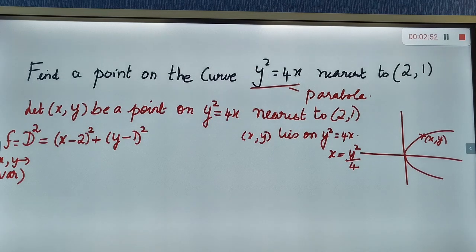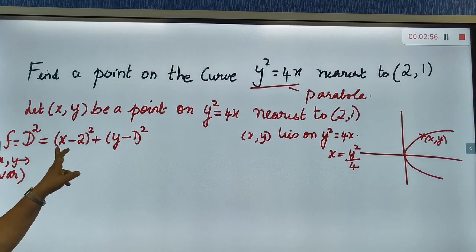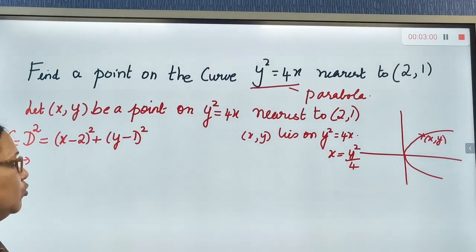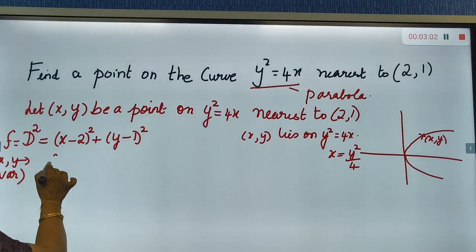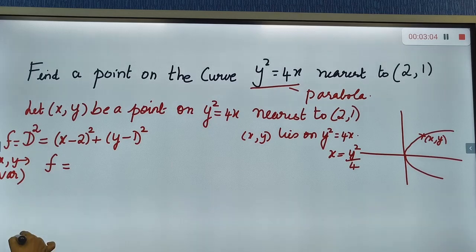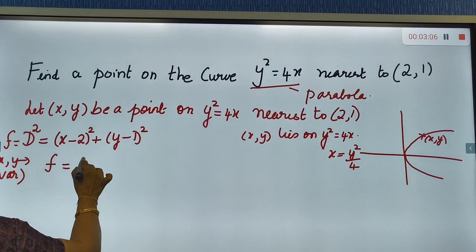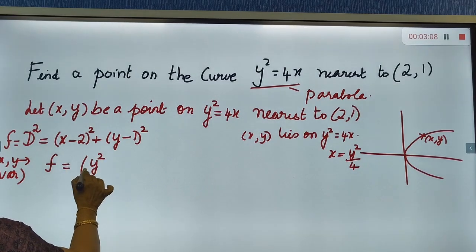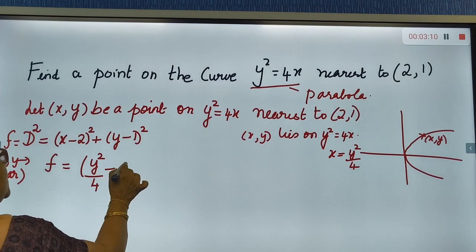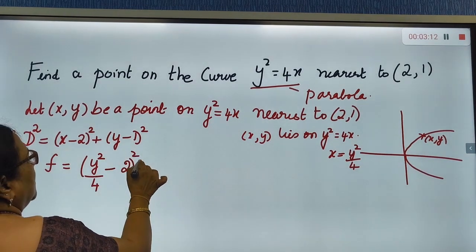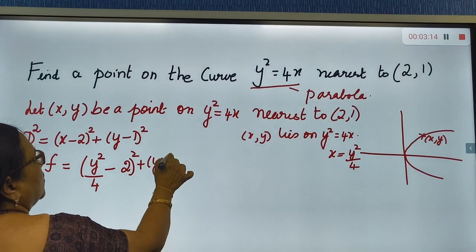Now this is a function of two variables x and y. I want to express it as a function of a single variable y. So I'm going to write f as, okay, what is x? y square by 4. So y square by 4 minus 2 the whole square plus y minus 1 the whole square.